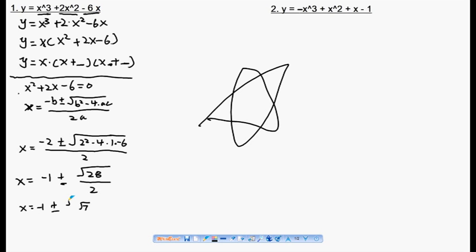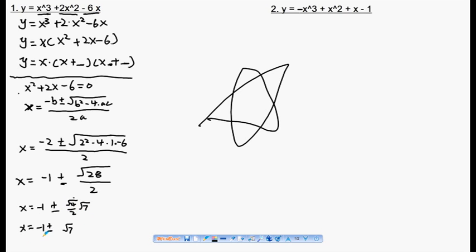I just do it step by step, it's easier. The square root of 4 times the square root of 7, divided by 2, gives us minus 1 plus or minus the square root of 7, because the square root of 4 is 2, and 2 divided by 2 is 1.